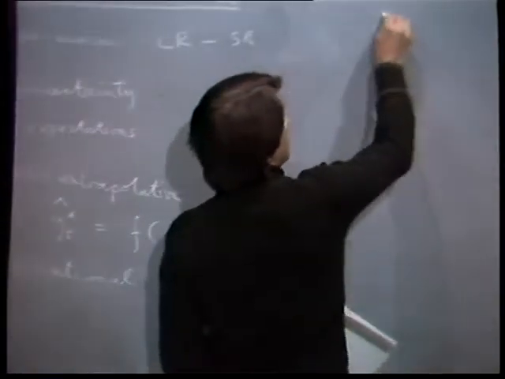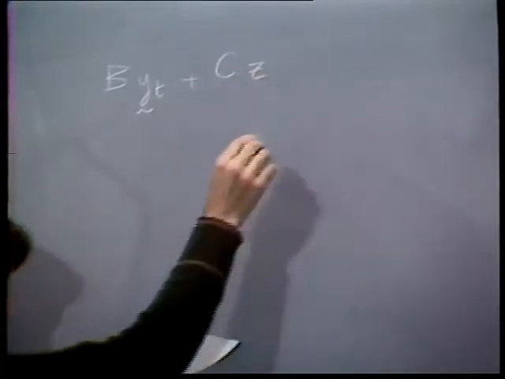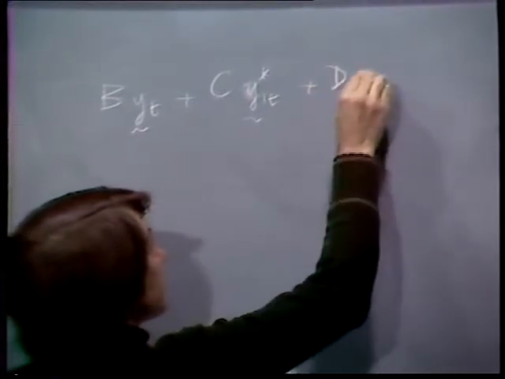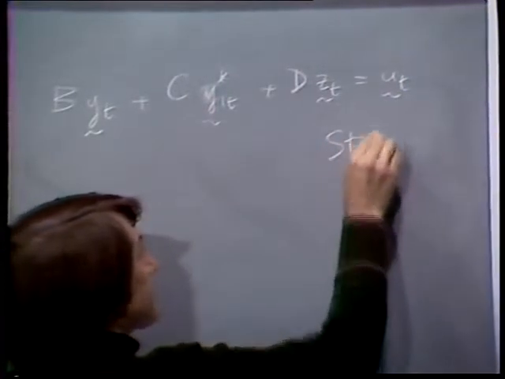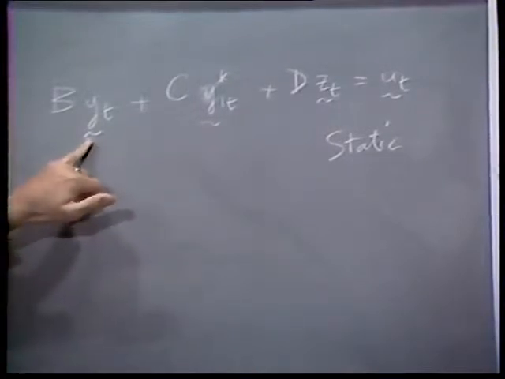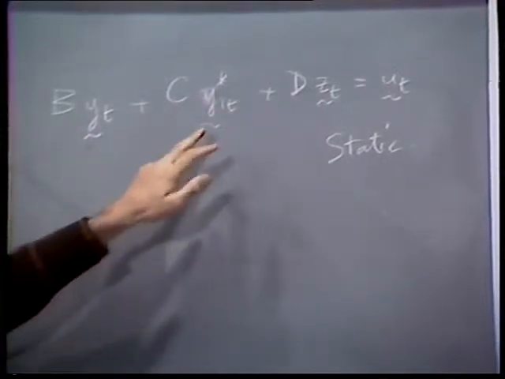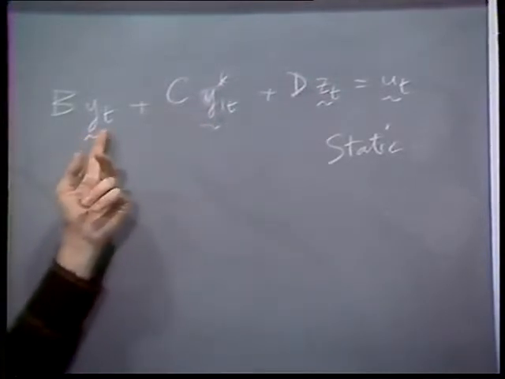So that if we now assume that we have a static simultaneous equations model, so there are no lags at all in that model. y_t is the vector of endogenous variables. y_{1t}^*, the 1 is introduced to denote that that is a sub-vector of the vector y_t.